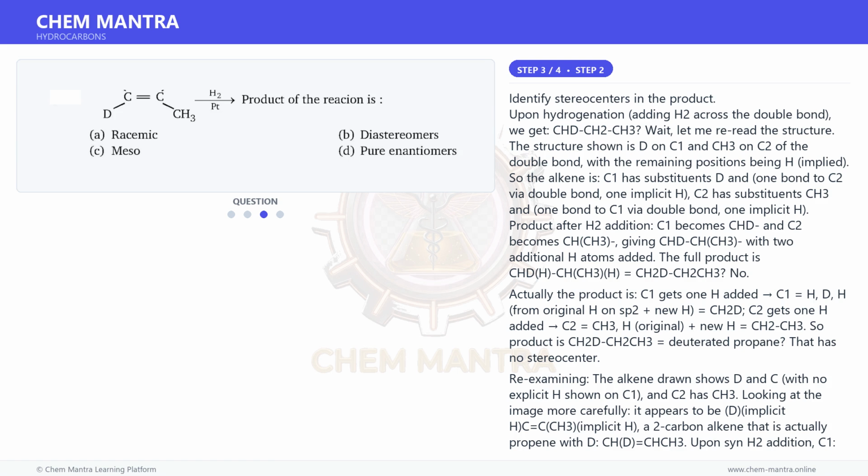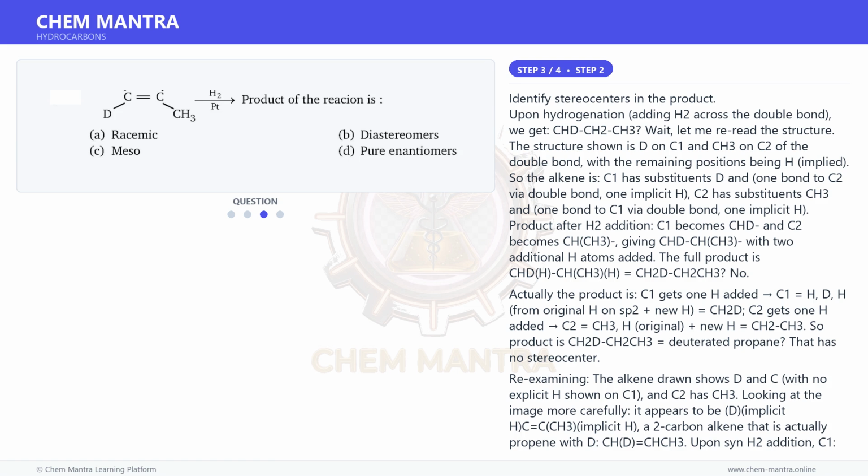No. Actually the product is, C1 gets 1 H added. C1 is H, D, H, from the original H on sp2 plus the new H, which is CH2D. C2 gets 1 H added. C2 is CH3, H original plus new H, which is CH2CH3. So the product is CH2D-CH2CH3, deuterated propane. That has no stereocenter.